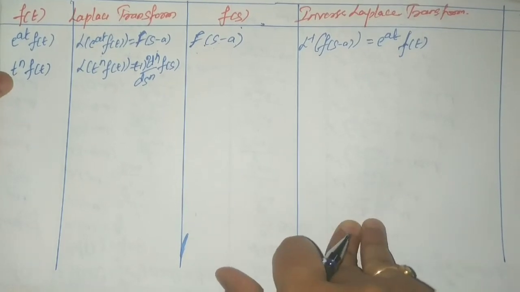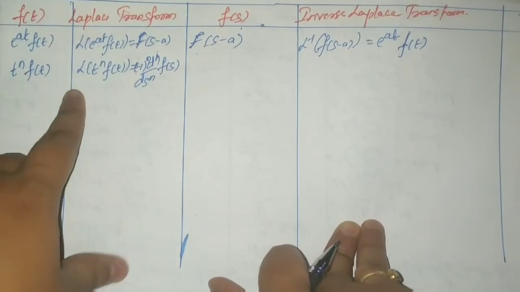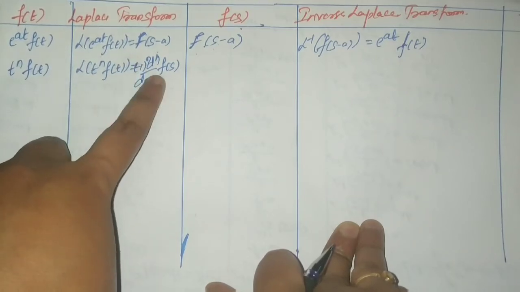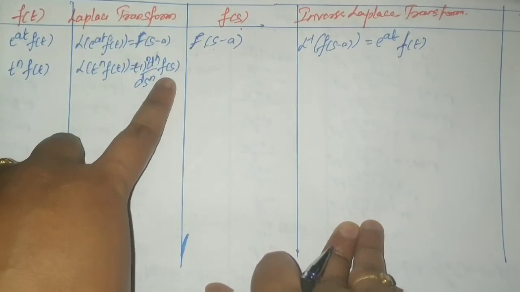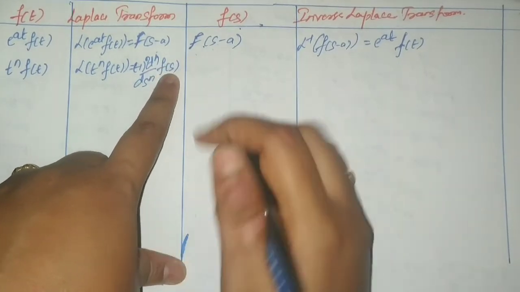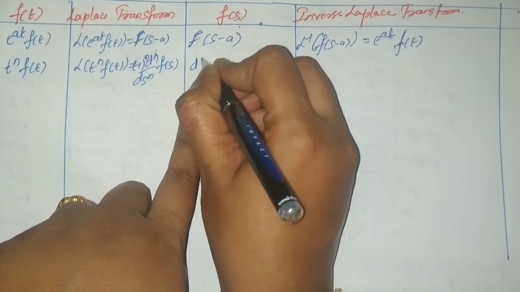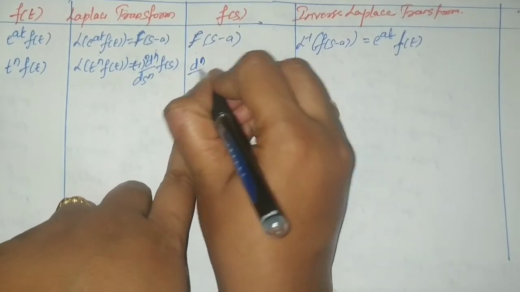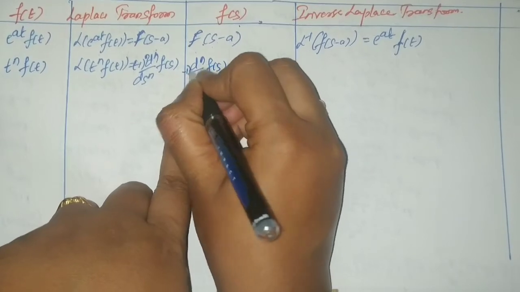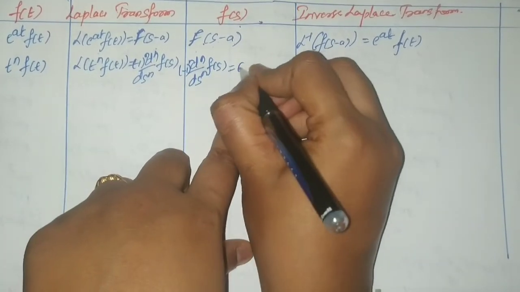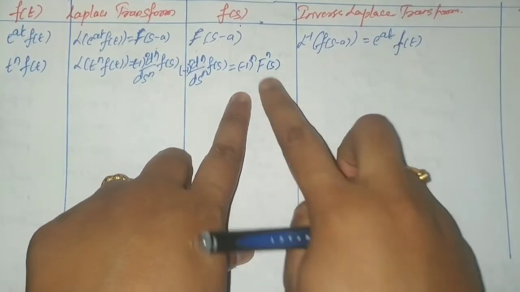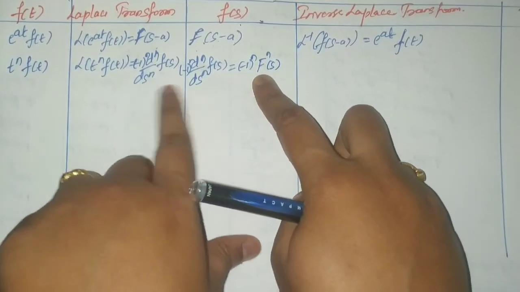Now suppose you have a product of a polynomial and a function, which we have already stated: the polynomial-to-function transformation is minus 1 power n d power n by ds power n of F of s. This is nothing but the nth derivative of the function. So I have the nth derivative, d to the power n by ds power n of F of s with a negative sign, or you can write minus 1 power n into F power n of s, which indicates it's the nth derivative.